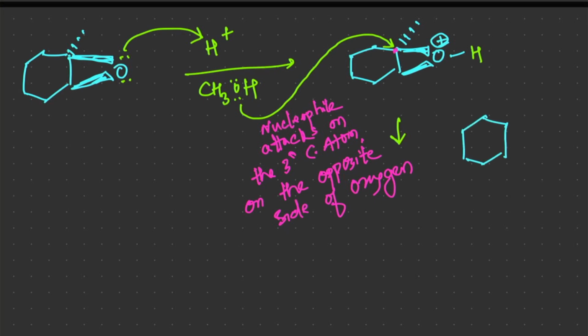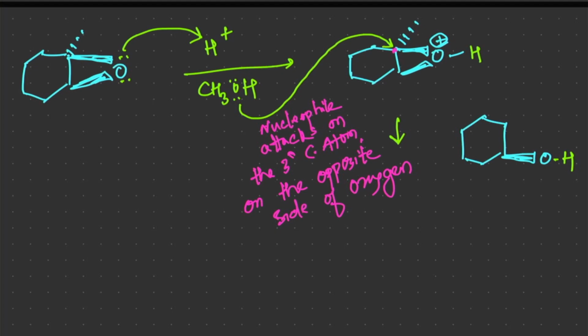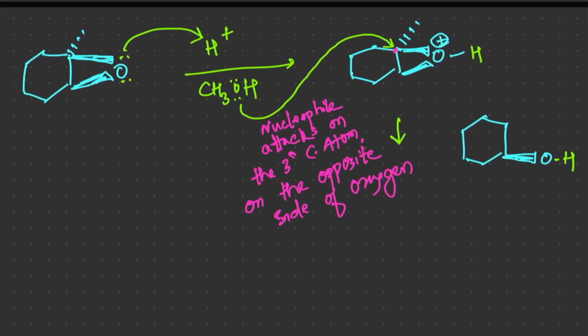So now oxygen here is to the top. It is still to the top. Okay, I will add the H here. Now here on this side, the incoming group, the OCH3, has come from the opposite side of oxygen. So opposite side of wedge is your dash. So I will add the dash.